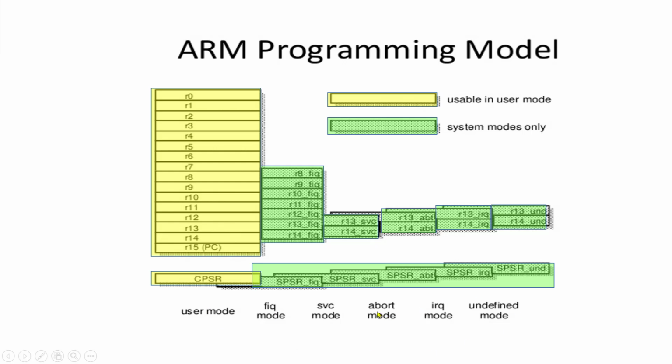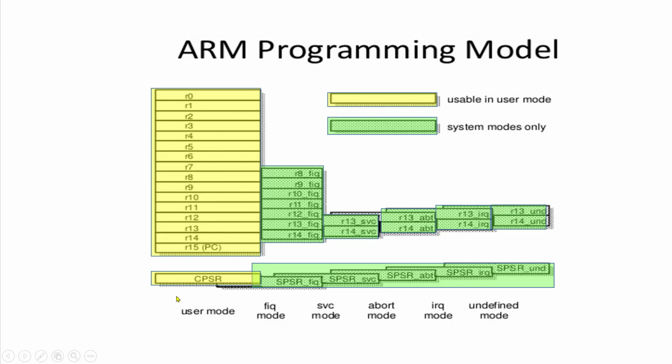The processor will be switching from one mode to another. For example, the processor is currently in user mode, and it may switch from user mode to fast interrupt mode, or from user mode to abort mode.